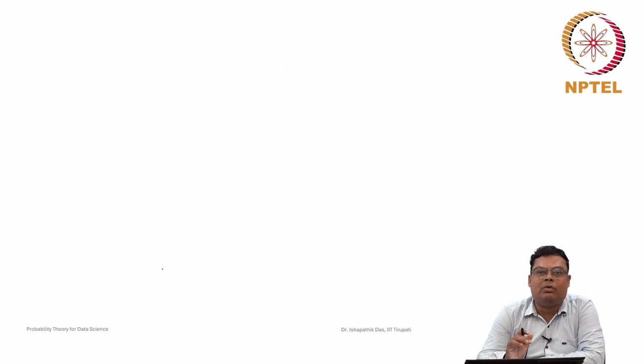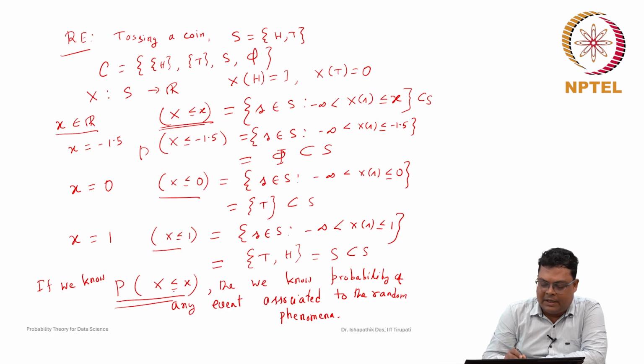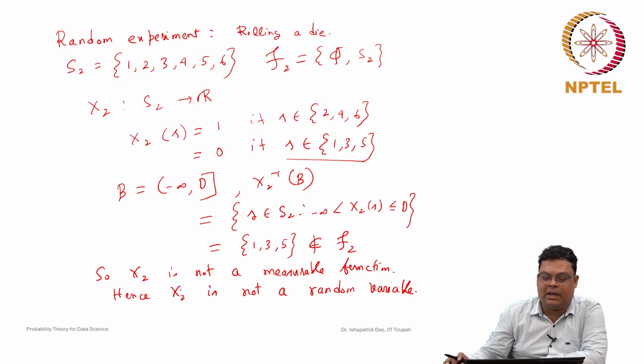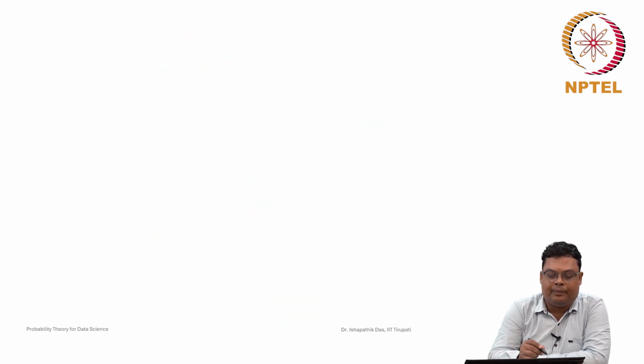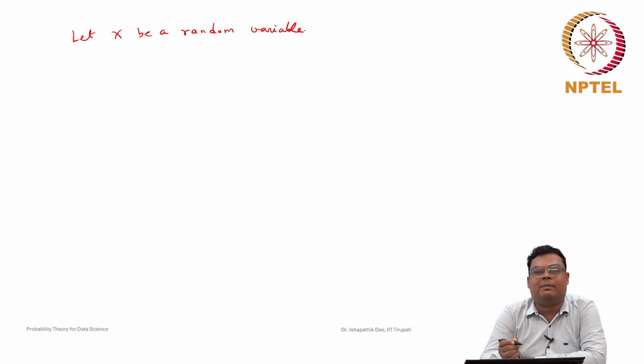So we want to define a function here, because for any x you give, you get some value. For this, let X be a random variable. Usually we do not always say that X is a function from S to R; for simplicity we just say X is a random variable.